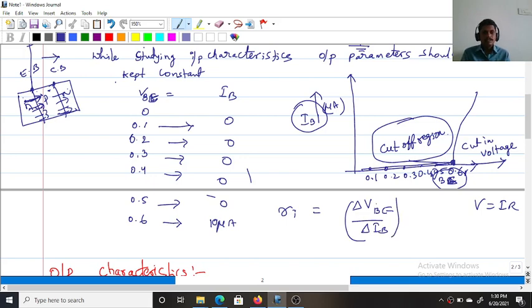The change in voltage to change in current gives us the input resistance of this transistor. We are changing these voltages and current by keeping VCE constant, the output parameter. When studying input characteristics, the output parameter VCE should be kept constant.